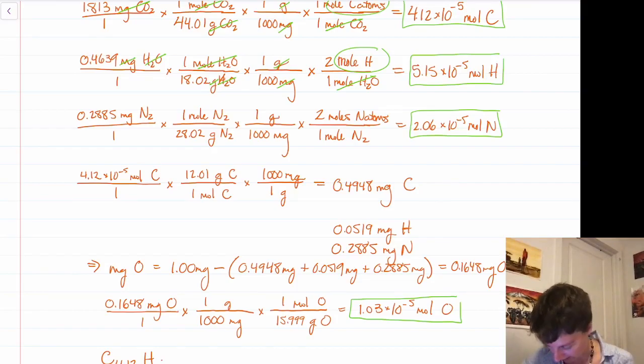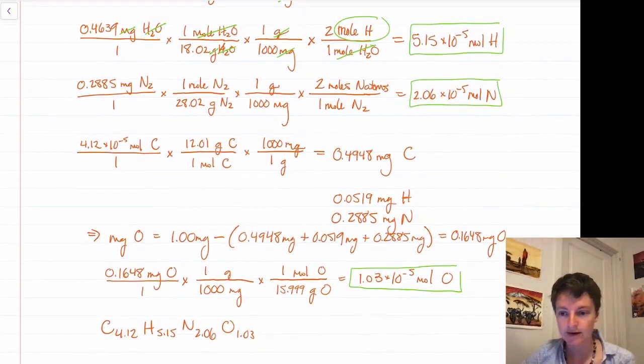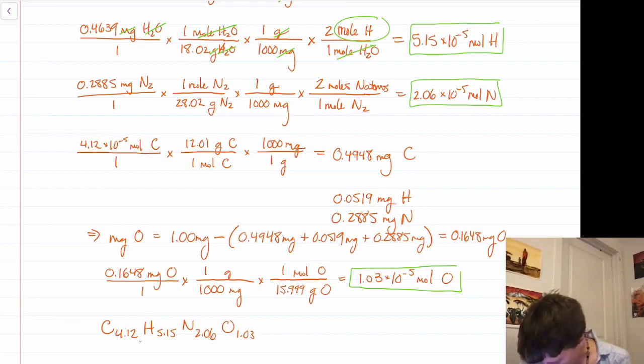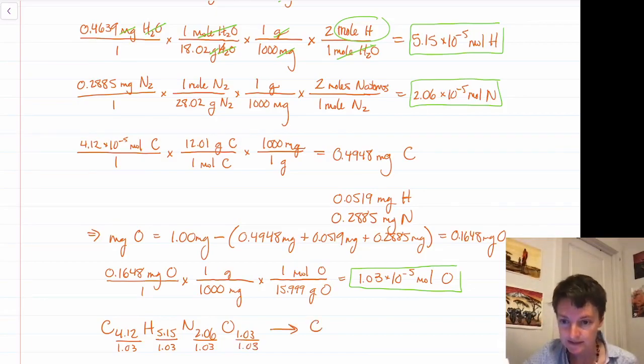Hydrogen, we had 5.15. Nitrogen, we had 2.06. And oxygen, we had 1.03. Dividing all these quantities by the smallest amount, which happens to be 1.03, what we get is C4H5N2O.